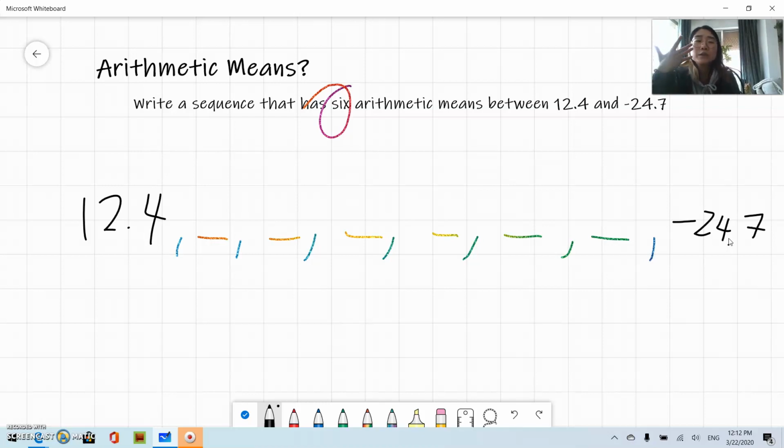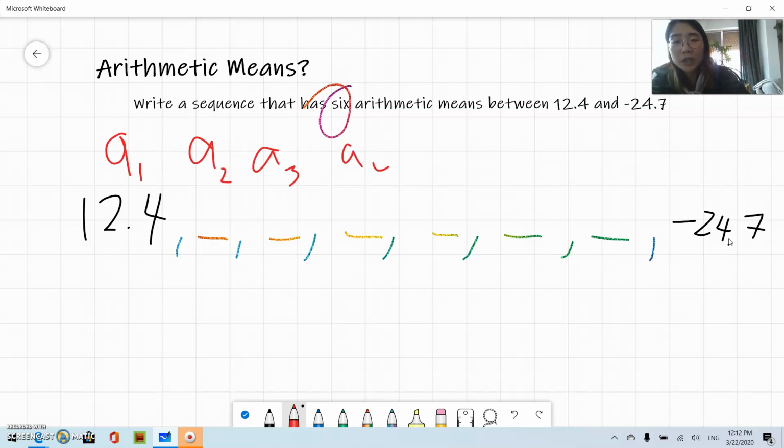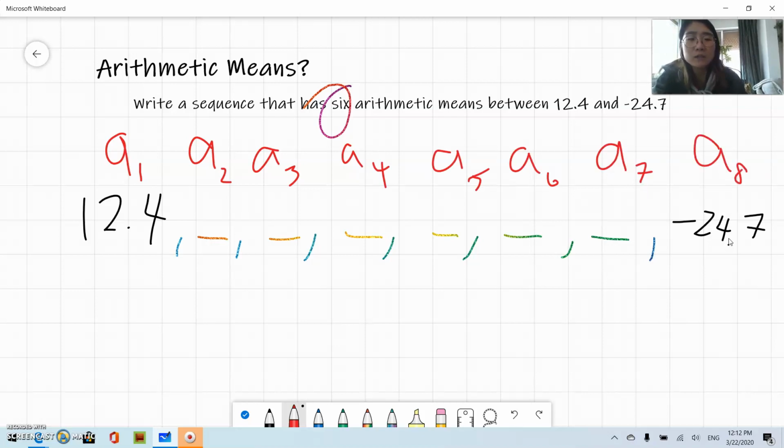So we need to use the formula, but we need to be a little bit more clever about approaching this, because the formula itself just gives me the nth term, right? So let's think about this. If this was A1, this is A2, and then A3, A4, A5, A6, A7, and this is A8.